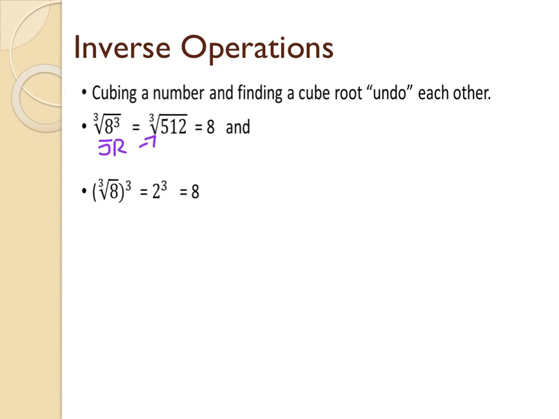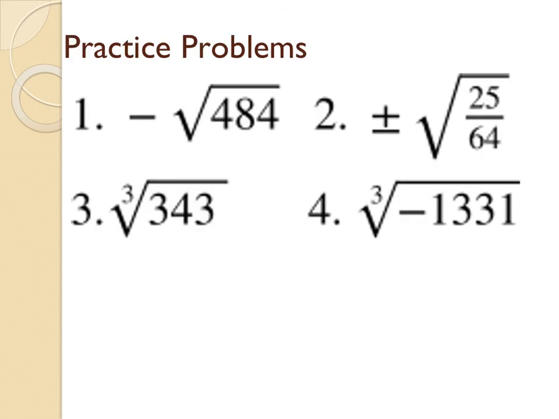Just like right here, if I take the cube root of 512, I'm going to get 8. Here, in my parentheses, the cube root of 8 equals 2, and then I will cube it. I'm getting 8. Okay, practice.